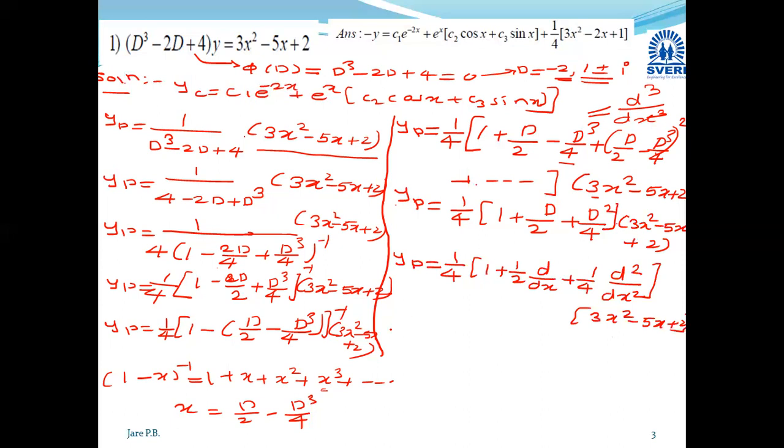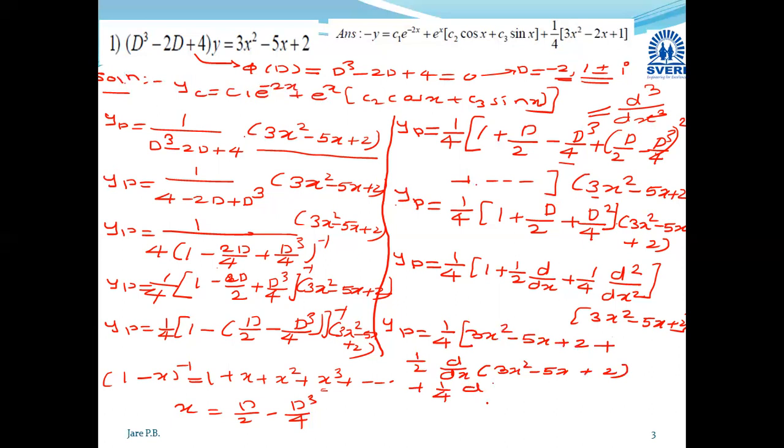So yp equals 1 by 4 into this bracket 3x square minus 5x plus 2, plus 1 by 2 into d by dx of 3x square minus 5x plus 2, plus 1 by 4 into d square by dx square of 3x square minus 5x plus 2.